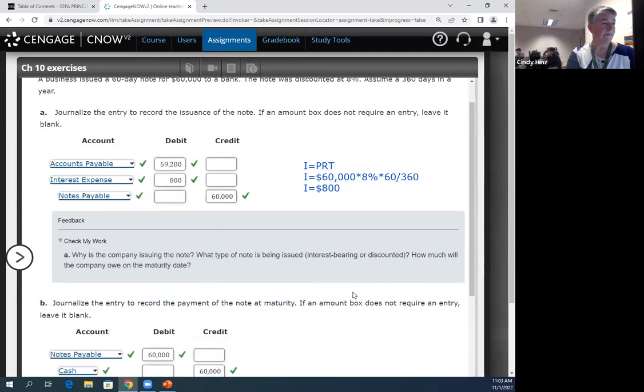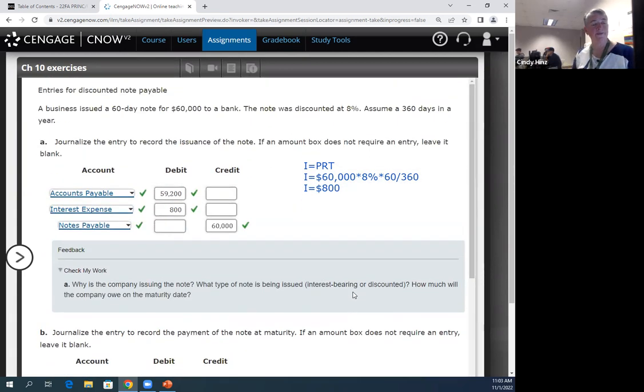Okay. So back to what I was saying, if you are the borrower and you have a choice, you would not want the discounted note payable because it does increase your actual cost of borrowing, the effective interest rate. Any questions about that?